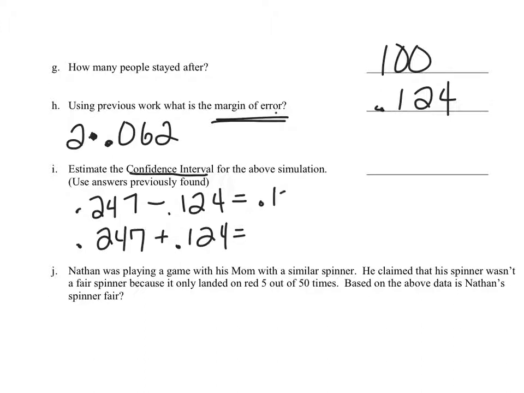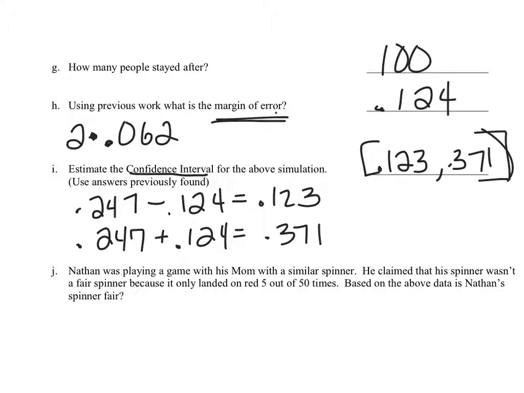So I'm going to get 0.123 and 0.371. So my interval, remember, these are proportions. If you multiply that by 100, you will get the percentage.